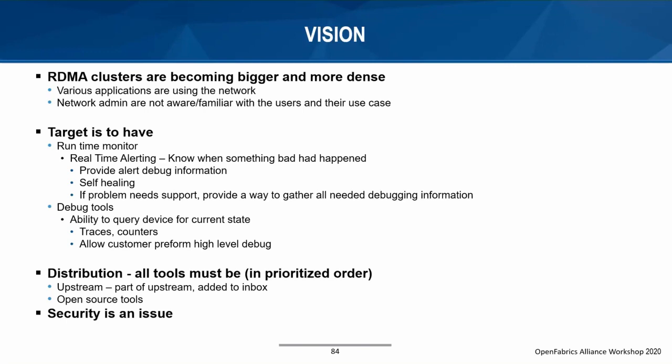We are talking about traces, counters, and about allowing customers to perform high-level debug, because we all understand that we as a vendor cannot debug each and every setup, both because the equipment is at the customer premises and we don't always have access.